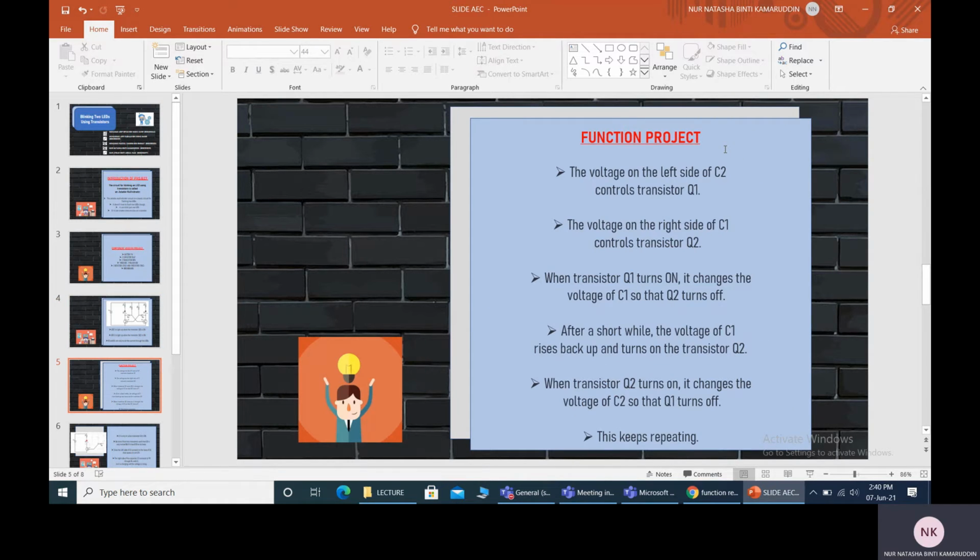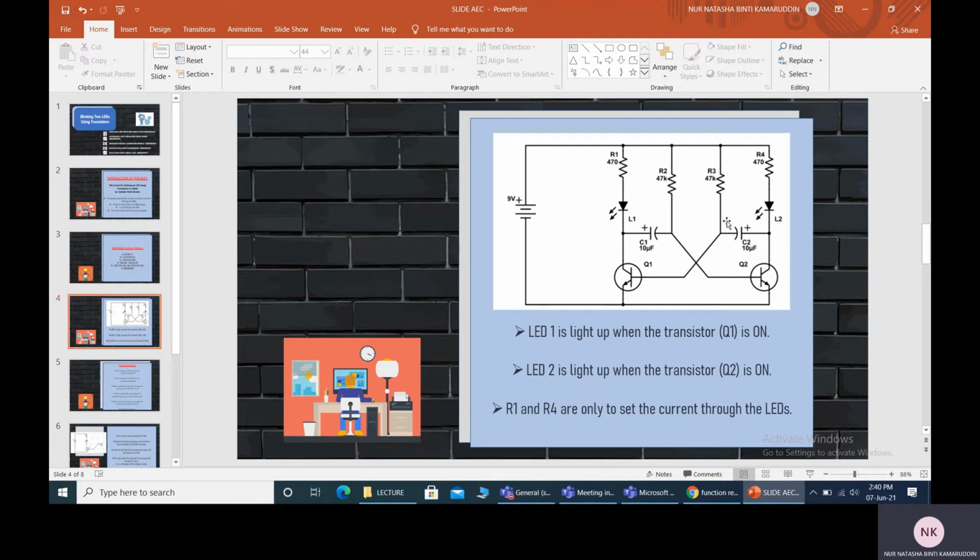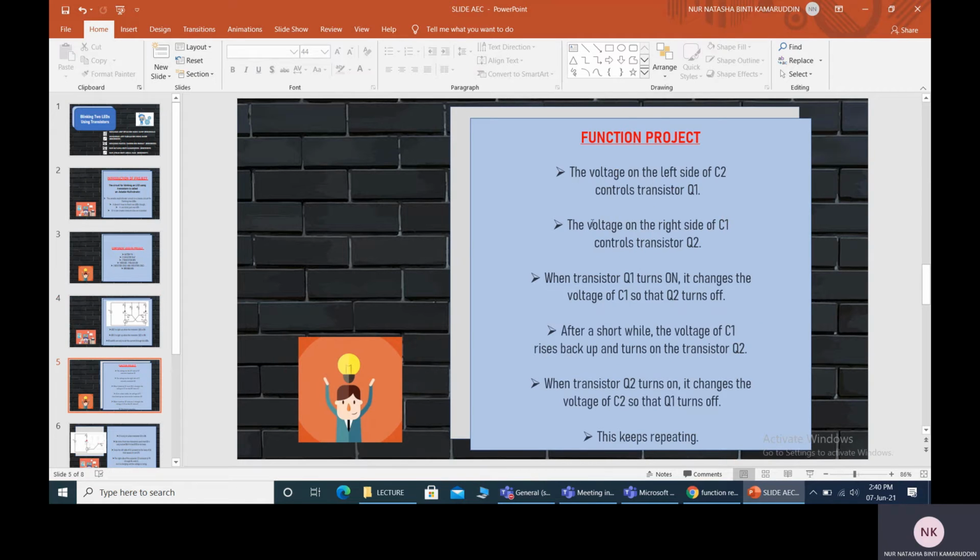Next, the function of this project: the voltage on the left side of C2 controls the transistor Q1. The voltage on the right side of C1 controls transistor Q2. When transistor Q1 turns on, it changes the voltage of C1 so that Q2 turns off.